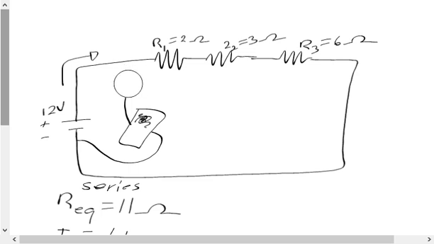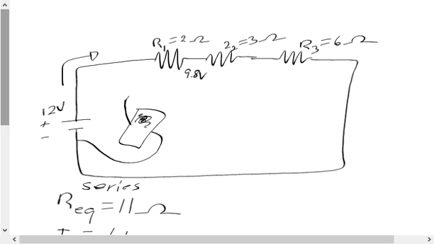But if I were to go to here, it would not read 12 volts. It will have dropped a value of 2.2 volts. So 12 minus 2.2 would give me 9.8 volts. So that would be the voltage that I would get there.